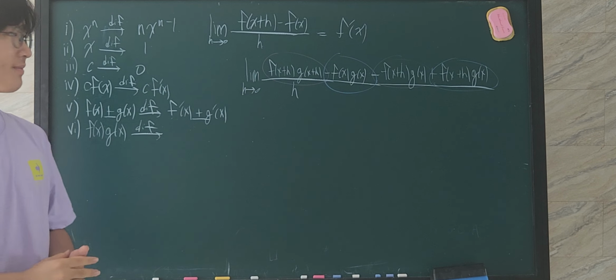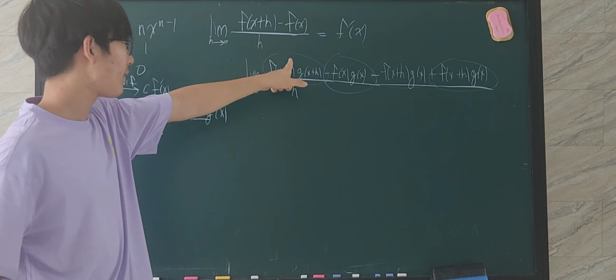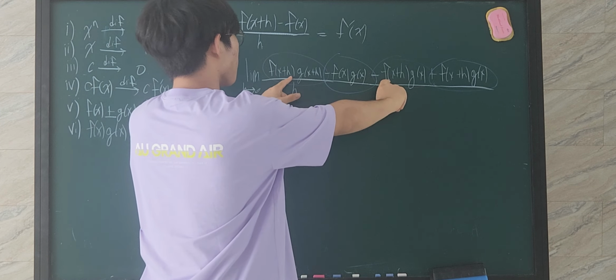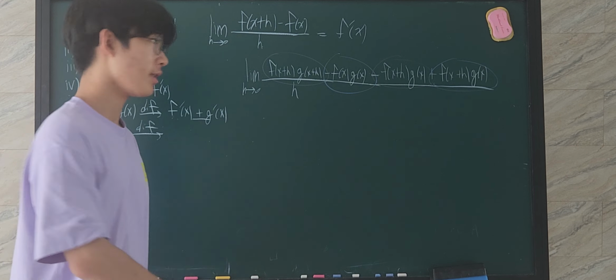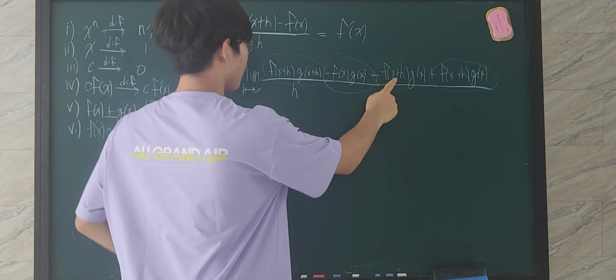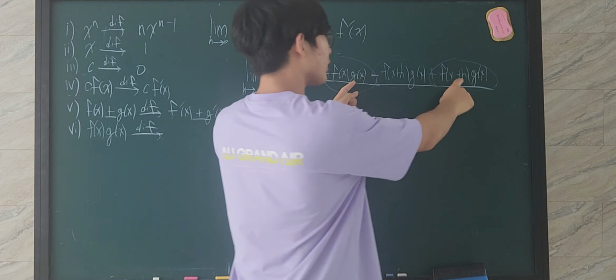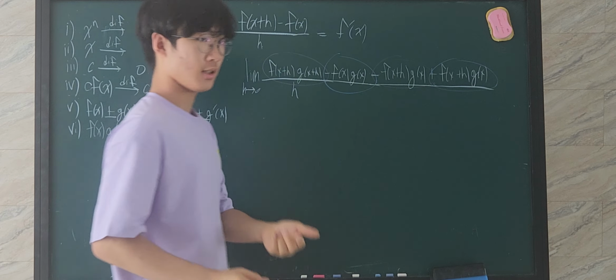Don't you see anything? Well, looking at the two bright red circled variables here, you can see a common factor, which is f(x+h). Both have f(x+h). And when you look at the blue factors, they also have a common factor of g(x). So what am I going to do?